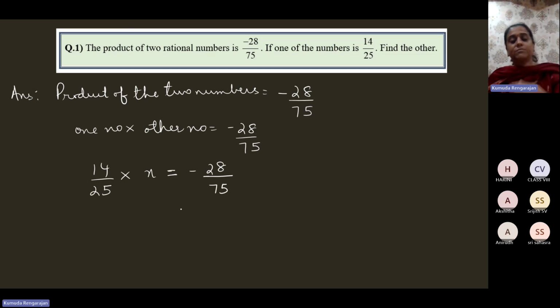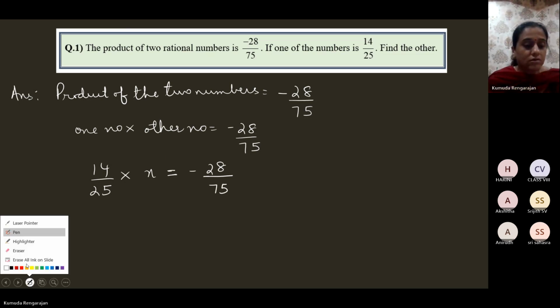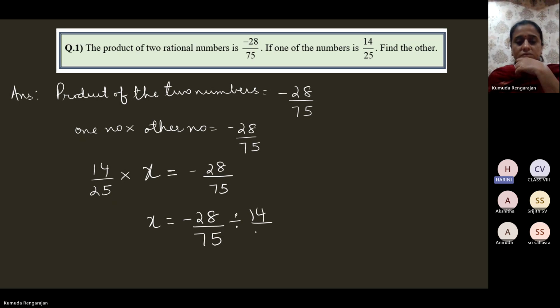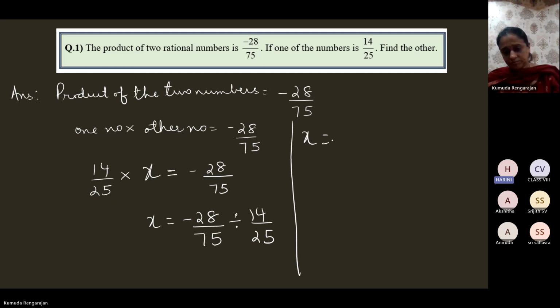So, Harini, tell me the next step. What's the next step, Harini? Ma'am, x is equal to minus 28 by 75 divided by 14 by 25. Very good. X is equal to minus 28 by 75.